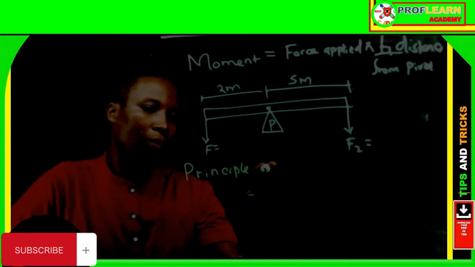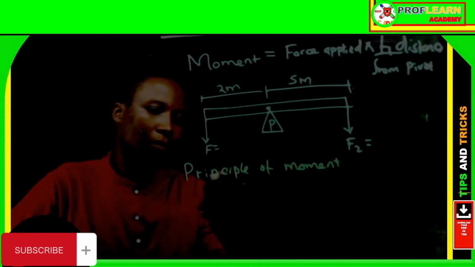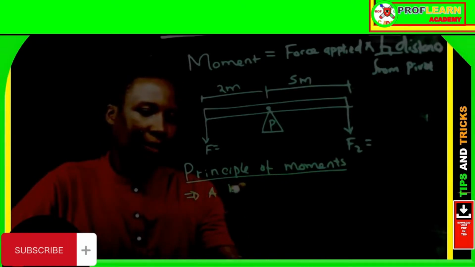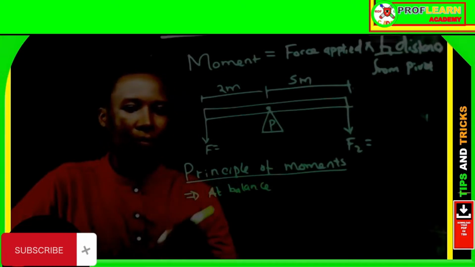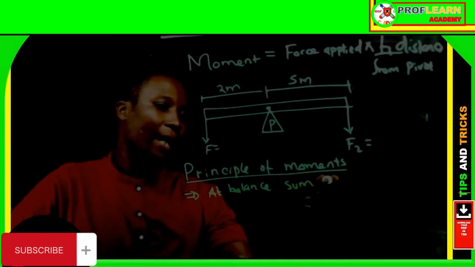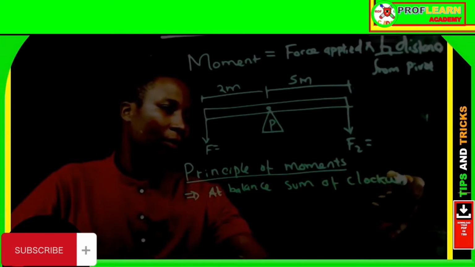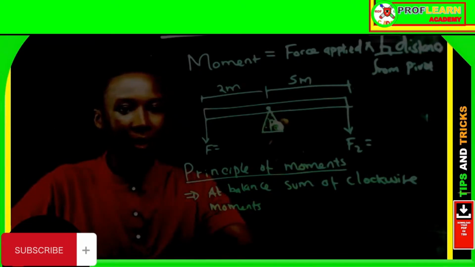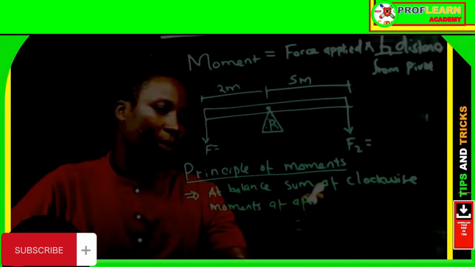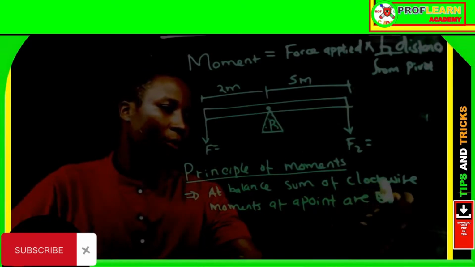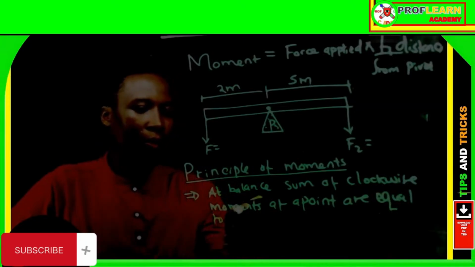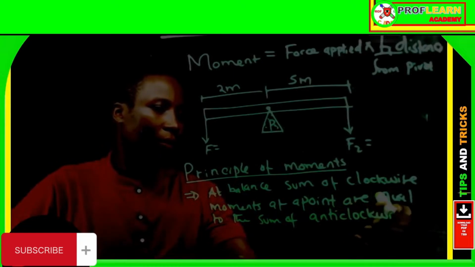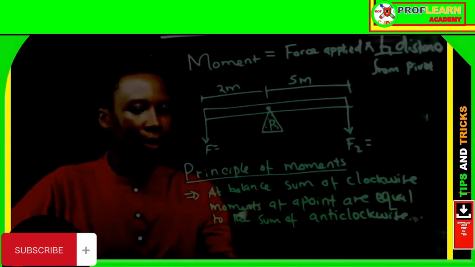Principle of moments. It states that at balance, the sum of clockwise moments about a point, the point that we are talking about, are equal to the sum of anti-clockwise moments.